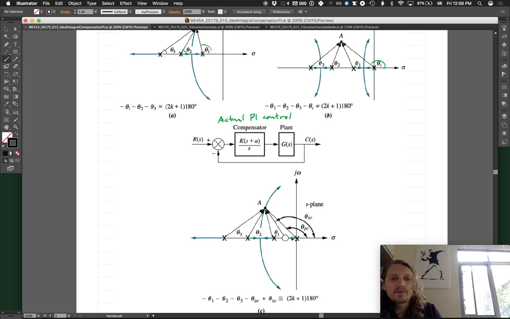The distance to the left from the origin is the decay rate. So if we put that 0 too close, it's going to be a very, very slow decay. But if we put it too far, then we're going to affect our transient response more and more. So there's a balance there.